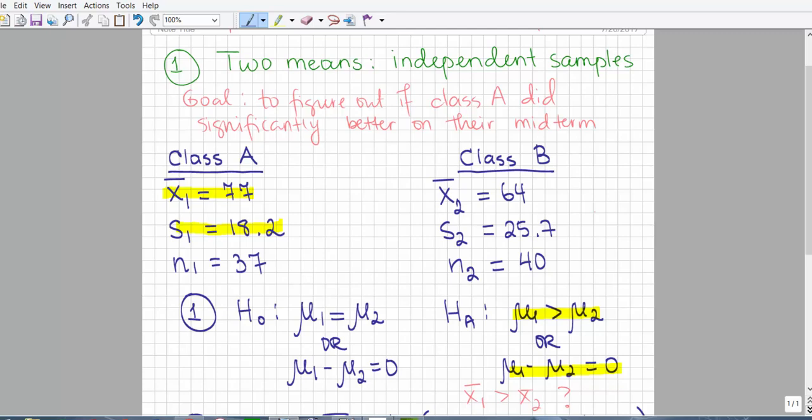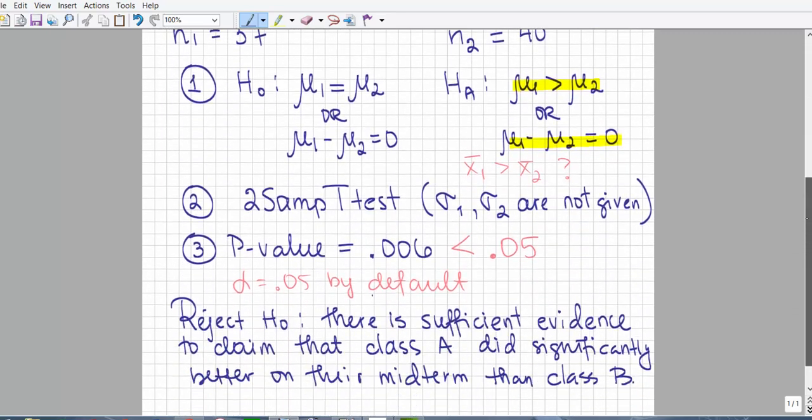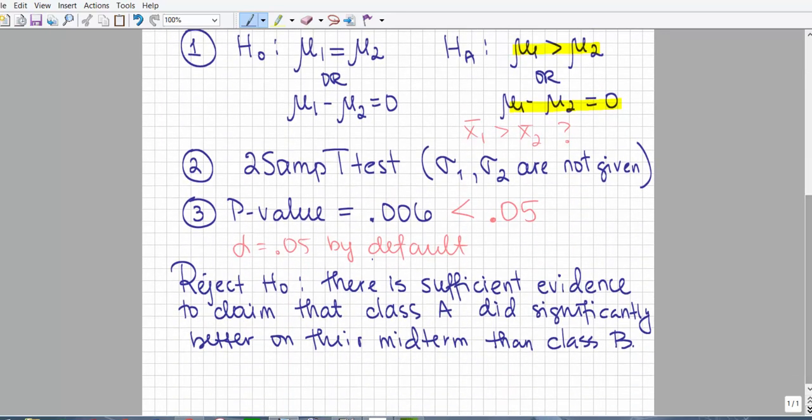We run some numbers, we crunch some numbers, we come up with a conclusion, and now what? In my case, I gotta take a look at 2 of my classes and say, all right, I did something here and I didn't do it here. Let's make sure this is done again, or it depends on the situation, right? So now I need to come up with a plan to improve scores for class B. All right, so that's your hypothesis testing.